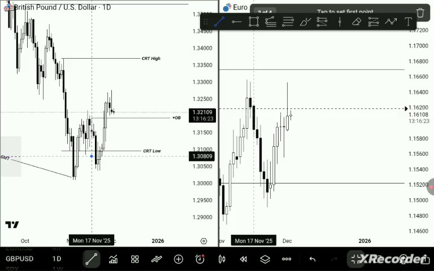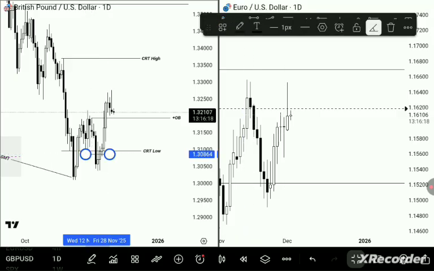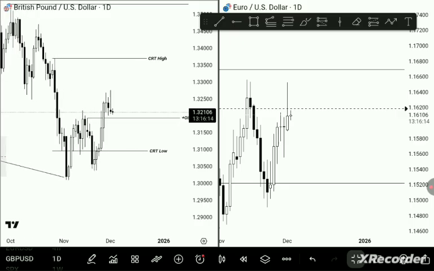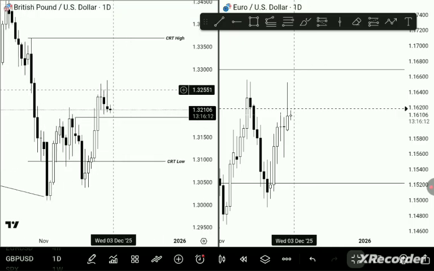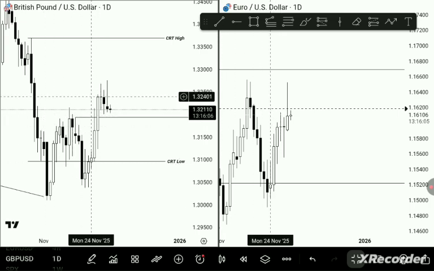Right here, you can see a low getting rejected, highs getting broken, right? Then momentarily price is choppy, but overall, price has been quite bullish, right?